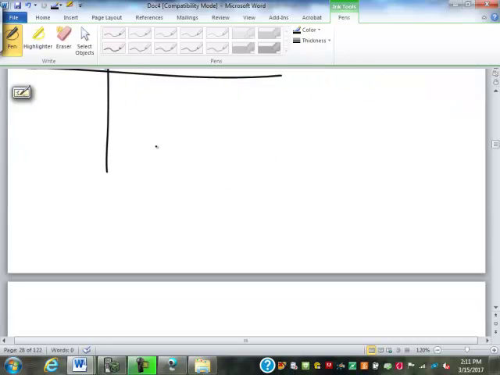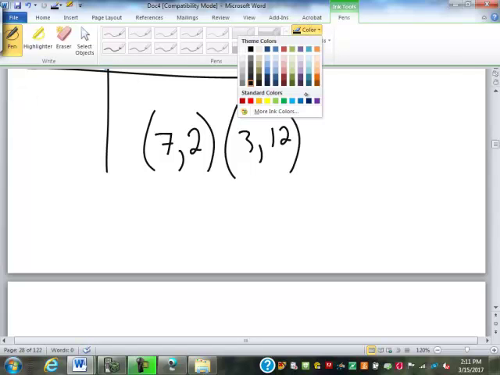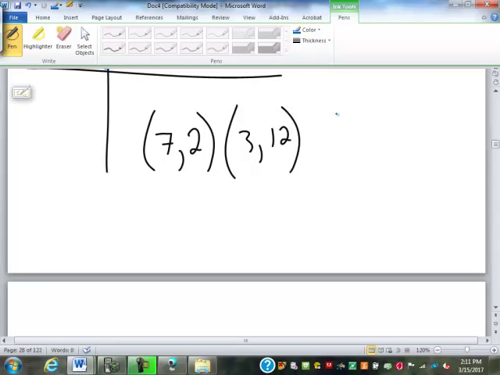You might recall we found the slope of lines given the points. So we might have had a coordinate point of (7, 2) and (3, 12). If I want to find the slope, if you recall, the slope, abbreviated m, is y2 minus y1 over x2 minus x1.